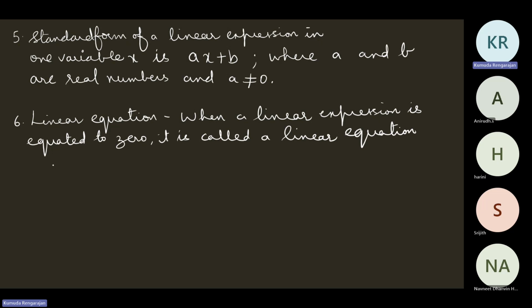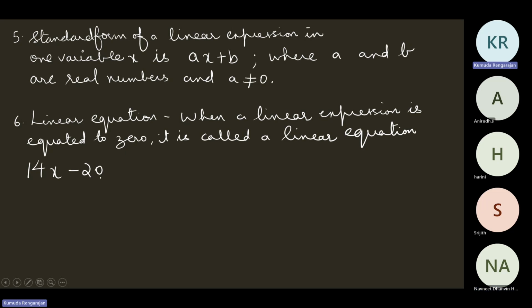Now, tell me if 14x minus 20 is a linear expression? Yes, ma'am. Okay. So it's an algebraic expression because it is made up of the variable x and constants 14 and 20. So you can see variable and constants.